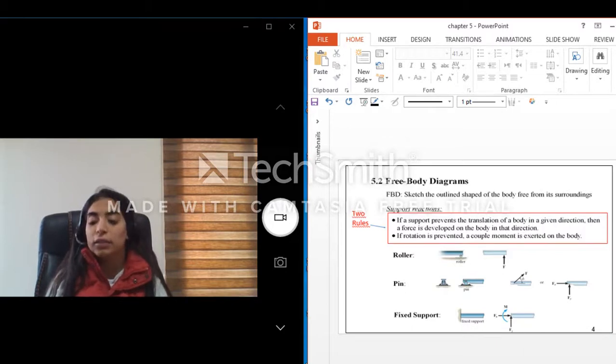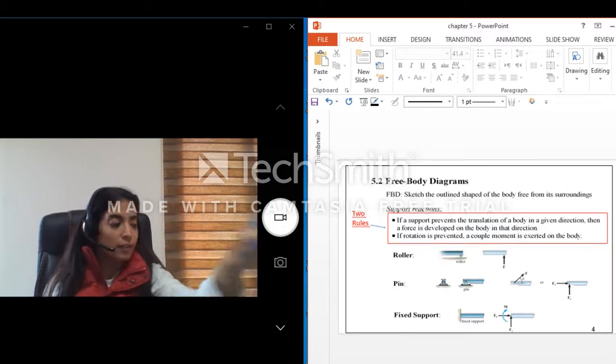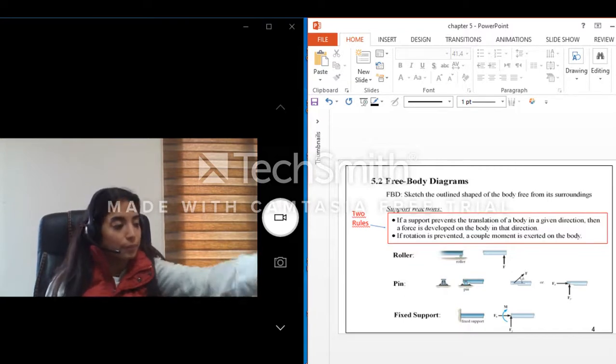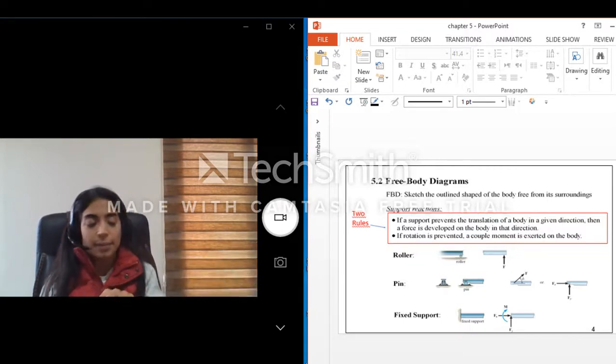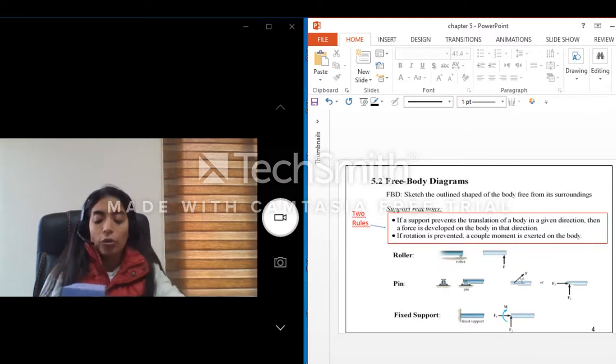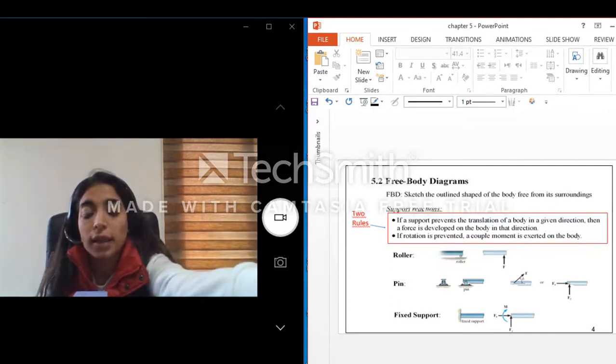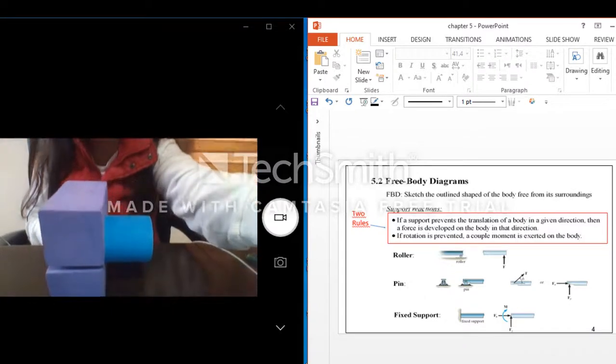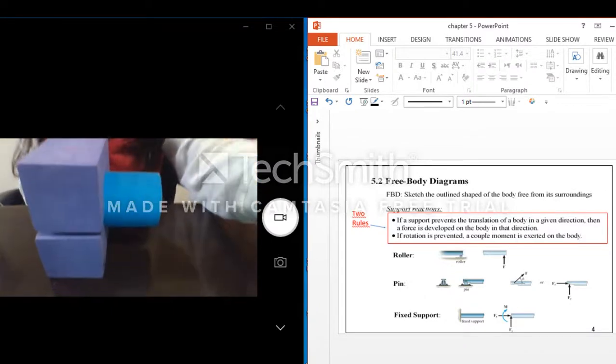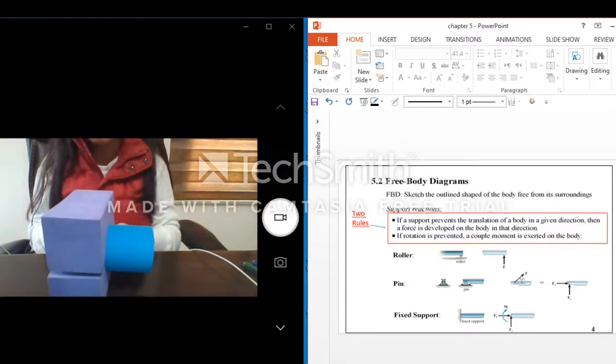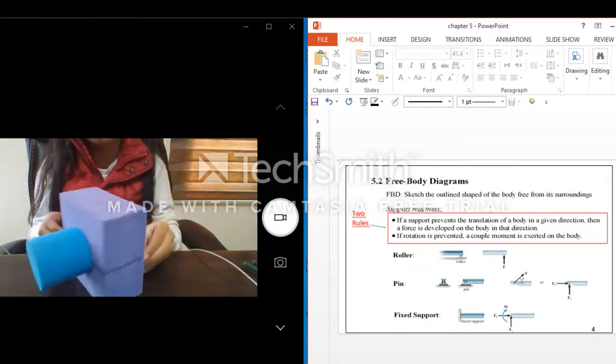Now, what if I need a support that can also prevent the rotational motion in addition to the translational motions? This is the case of what is called cantilever. So, guys, basically, in order to prevent the rotation, I should have a fixed support. And this is my fixed support here.